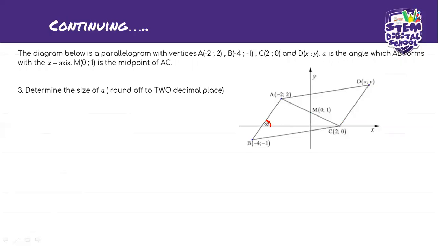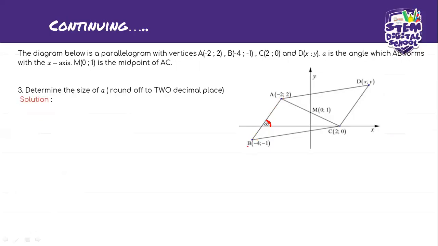But earlier on, remember we had a question where we have to calculate angle theta, right? And I also indicated that for you to be able to calculate that angle, what is important is the gradient of that line. So in this case, we have to know the gradient of this line AB, right?